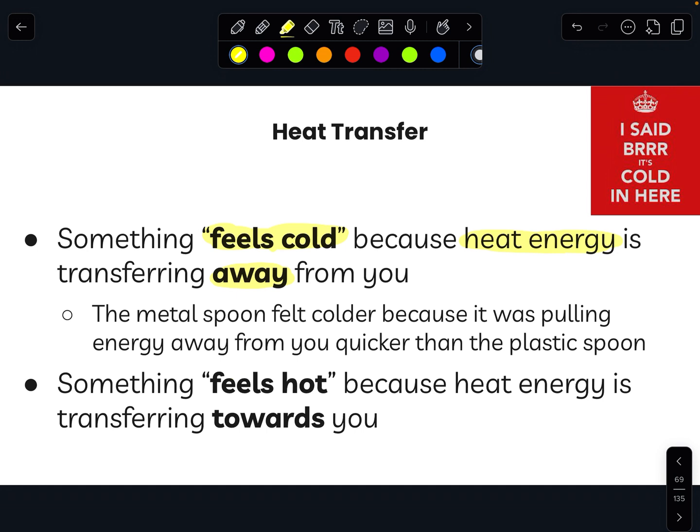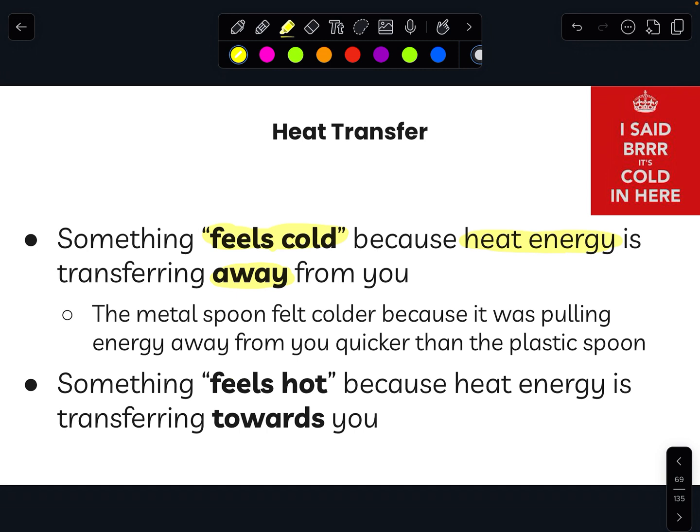The warmth, the energy from your fingertips, is actually being transferred into the metal spoon. Whereas the plastic spoon wasn't really pulling any energy from you. So no heat was being transferred from you to the plastic spoon, which is why it didn't feel cold.